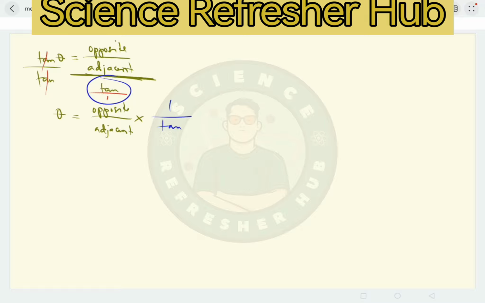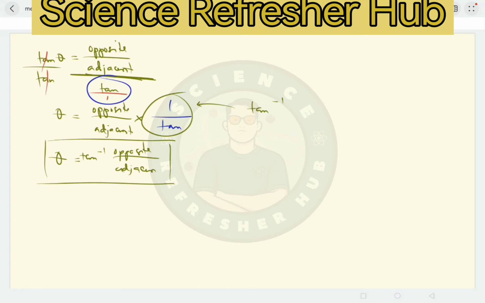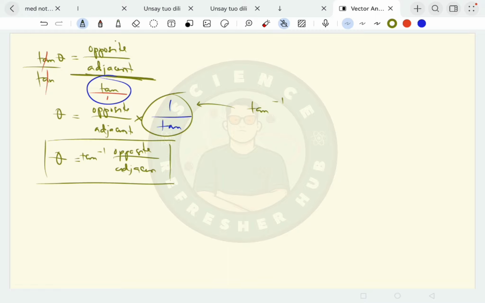So we need to do some cleaning of our equation here so we can finalize it as opposite over adjacent. Then we can write this as tan raised to negative 1 or inverse tan. So that's why we have this final formula to get the angle of our right triangle.